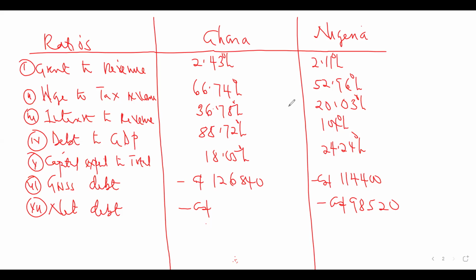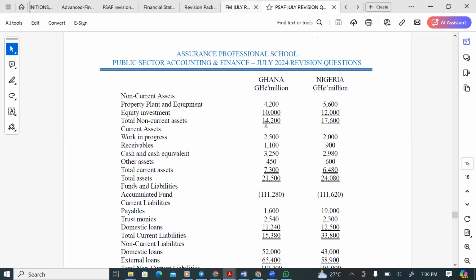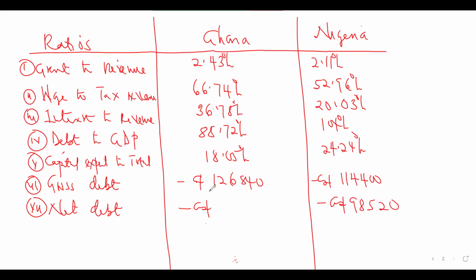Okay, that one is taking a long time. 14,350 minus 126,840. Okay, I'm having negative 112,490. If someone can confirm that. Correct, sir. Confirmed. Okay. So let's move on.